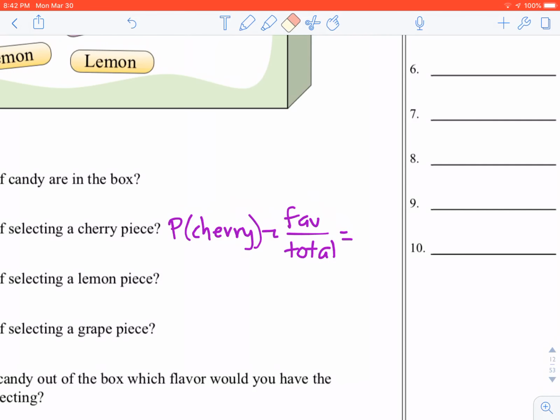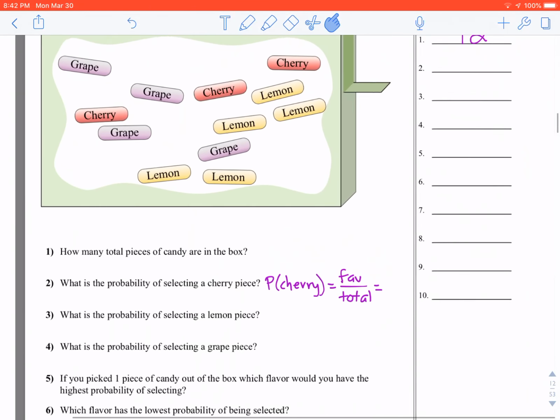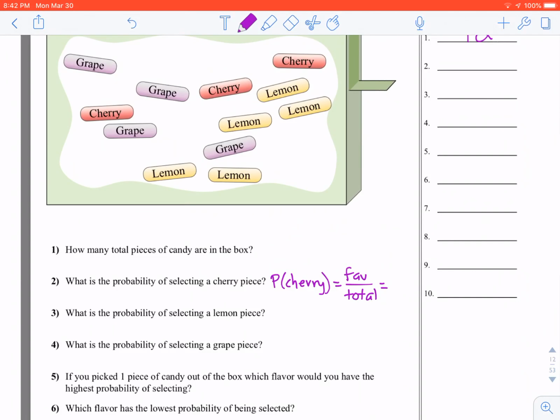And remember, our favorable is how many cherry pieces of candy there are, over what's our total. So go ahead and set up your fraction without me. Hopefully you have 3 for cherry and a total of 12.